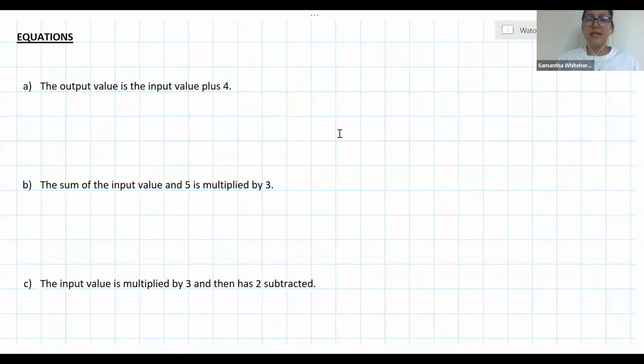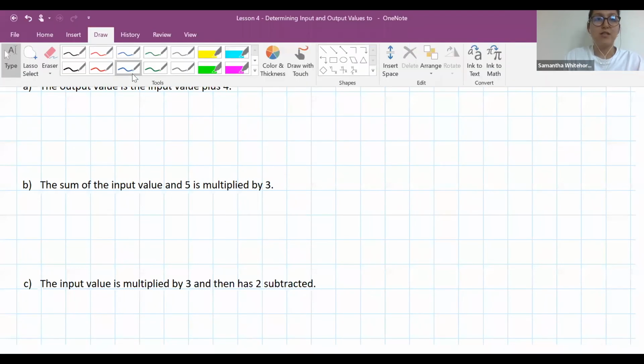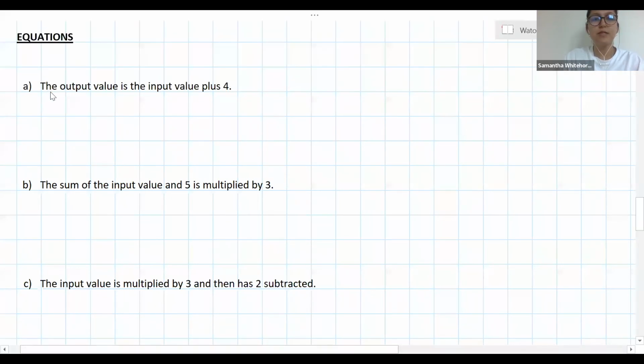Being able to work with equations is a very important part of graphs, because from about grade 9 we will really only ever deal with equations when we talk about graphs, so we need to be comfortable with it. Like in question B, I've got some words for you and we want to write the equation. This first one says the output value is the input value plus 4.